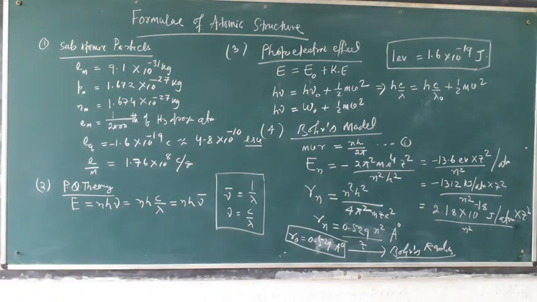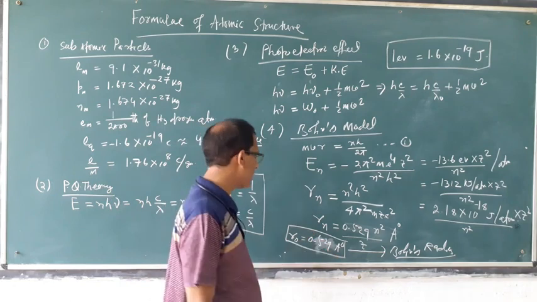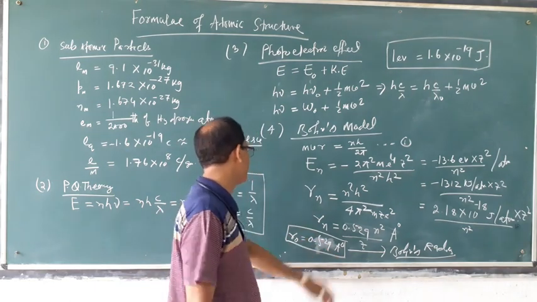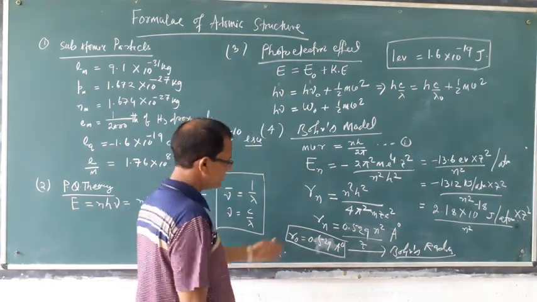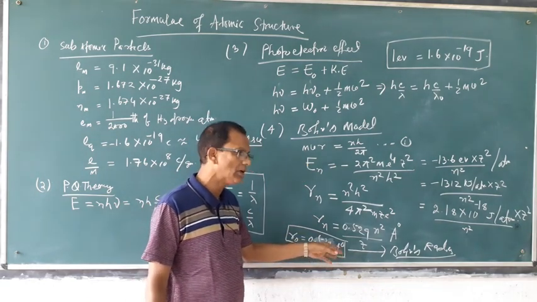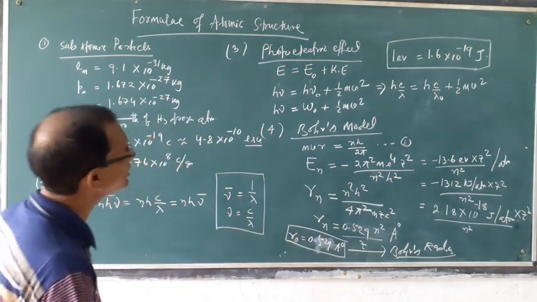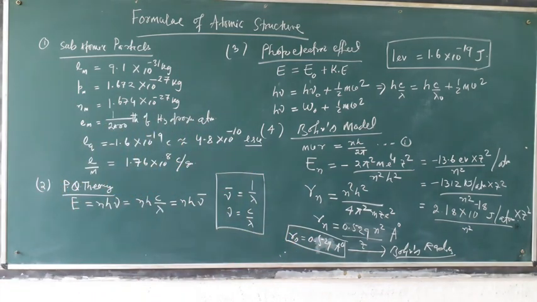Bohr's radius is 0.529 angstrom, and in nanometer it is 0.0529. If you convert, 1 angstrom is equal to 10 to the power minus 10 meter, so you can convert to nanometer. At least remember this formula. This is the radius. Okay, then next.